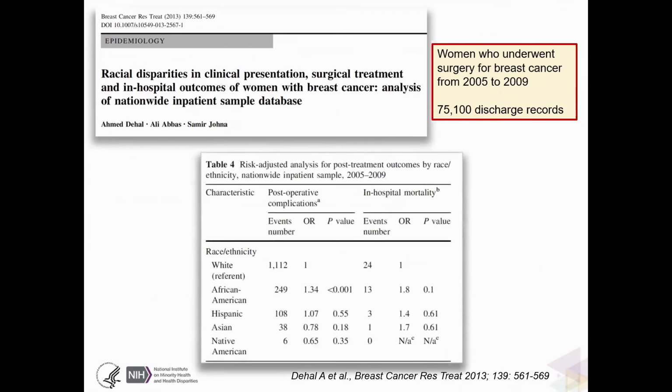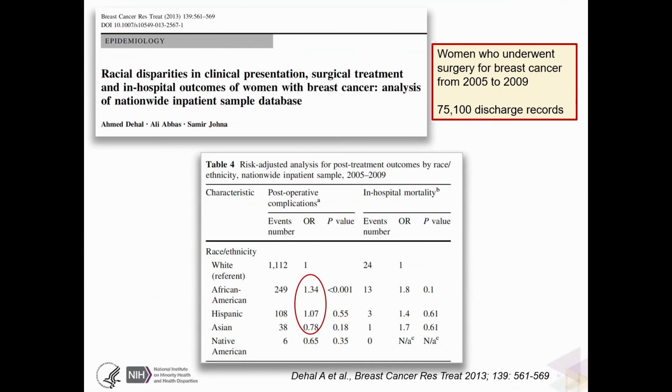And also, after adjusting for multiple factors, they saw that African American women and Hispanic women had an increased risk or odds of complications. However, they were only statistically significant for African American women.